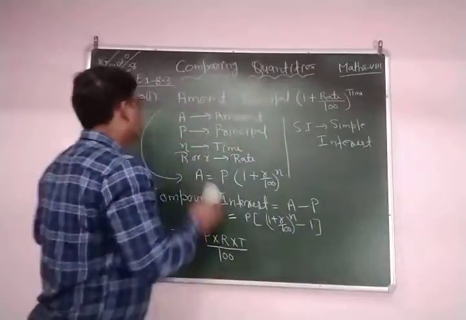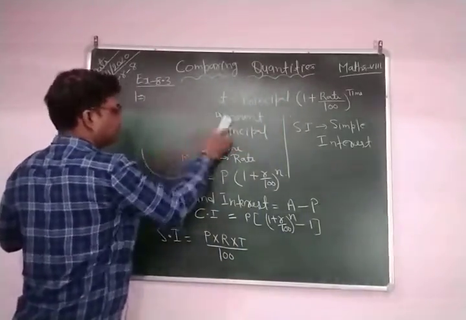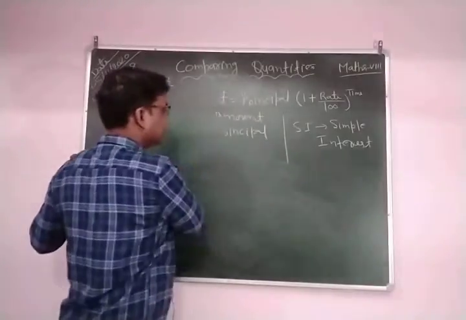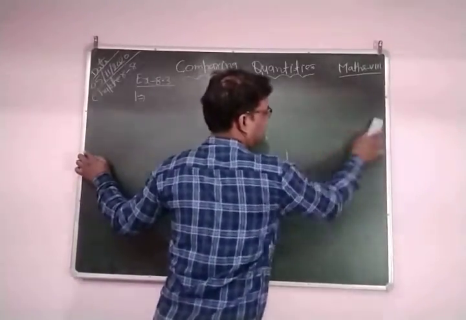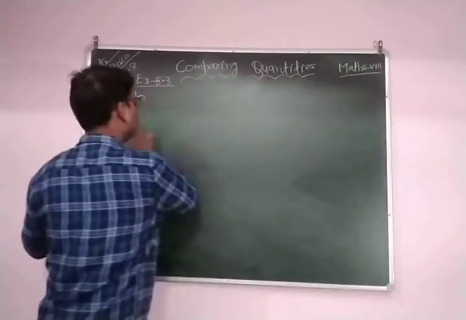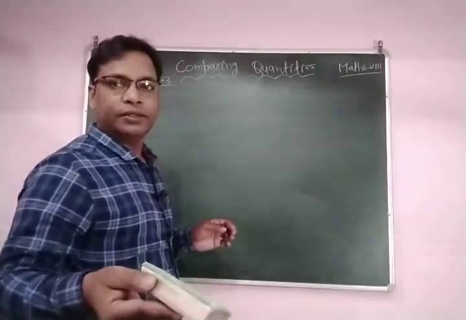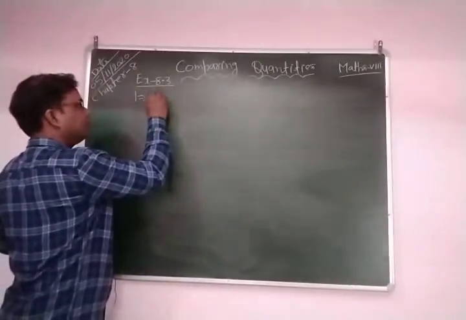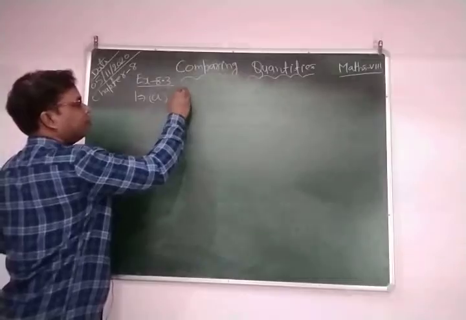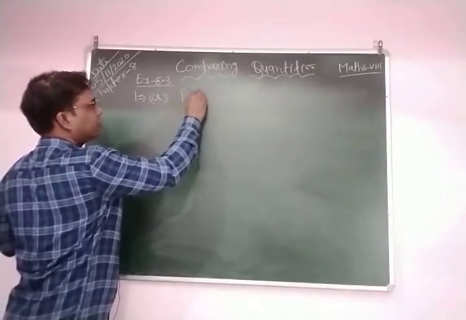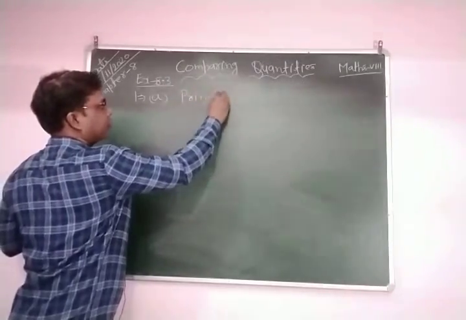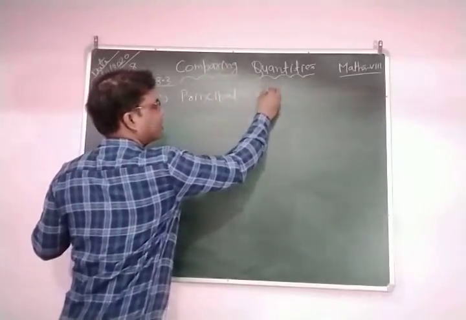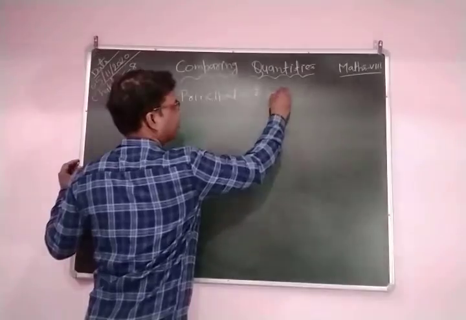So this is the first part of this question. First learn this formula, and let's see how to use it. This is part A of this question. Principal is given here, rupees 10,800.